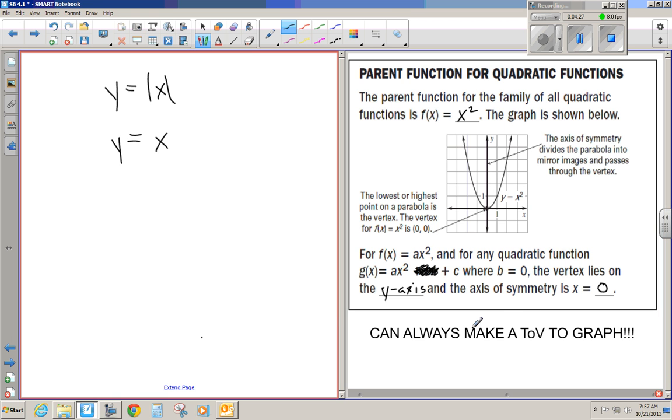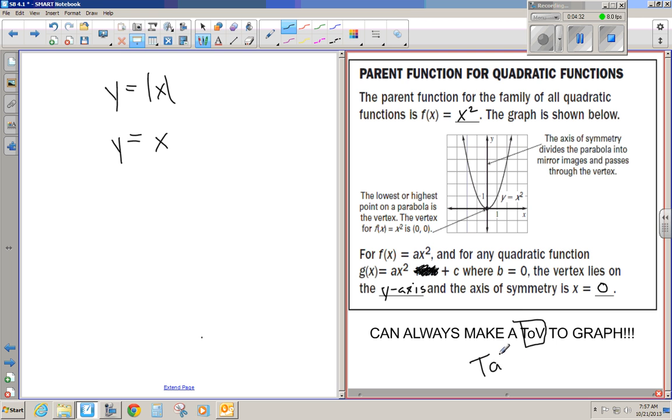Now, this TOV means table of values. You can always make a table of values, and if you get enough points, you should be able to graph it.